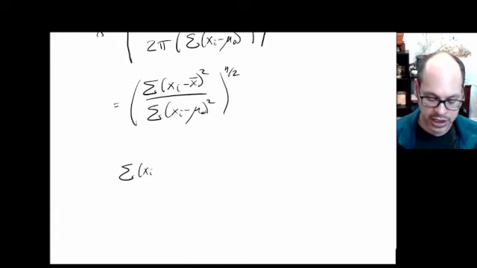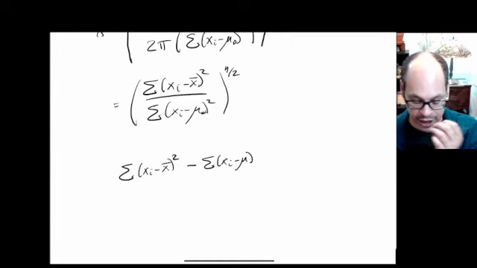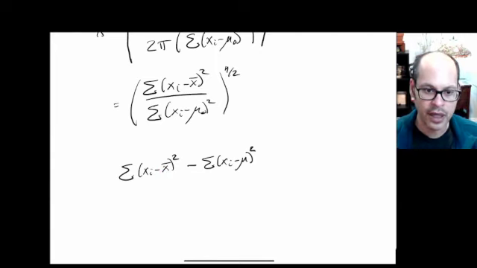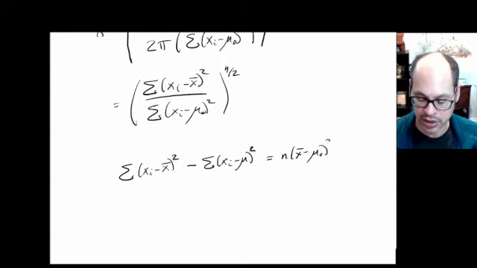If I take a sum of these xi minus x bar squareds, and I subtract off the same kind of sum with mu naught, or just any number really, the important thing is that this should be the sample mean, the average of the xi's. If I do this subtraction, then what I get is n times x bar minus mu naught quantity squared.